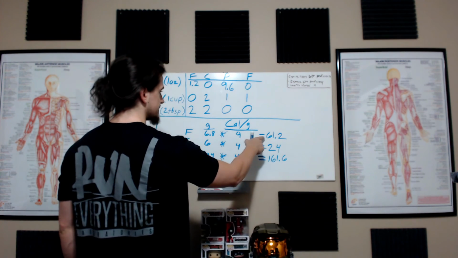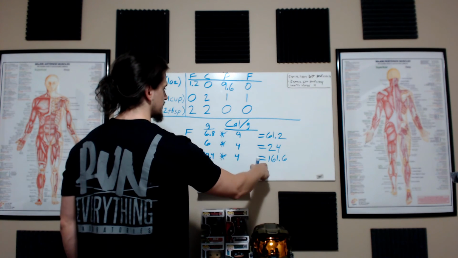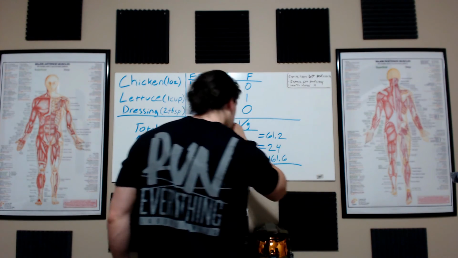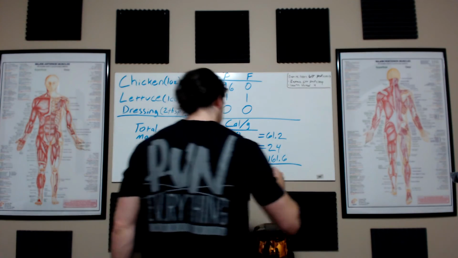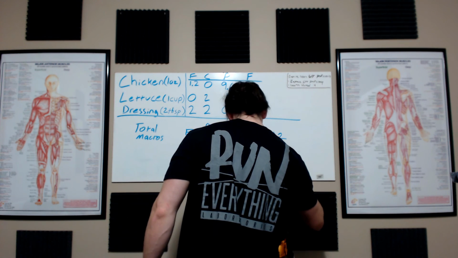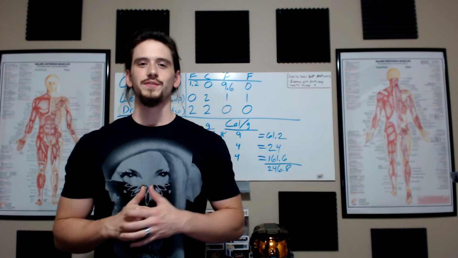So we have the total calories from fat, the total calories from carbs, and the total calories from protein. So we can get the total calories overall, and that comes out to be 246.8.